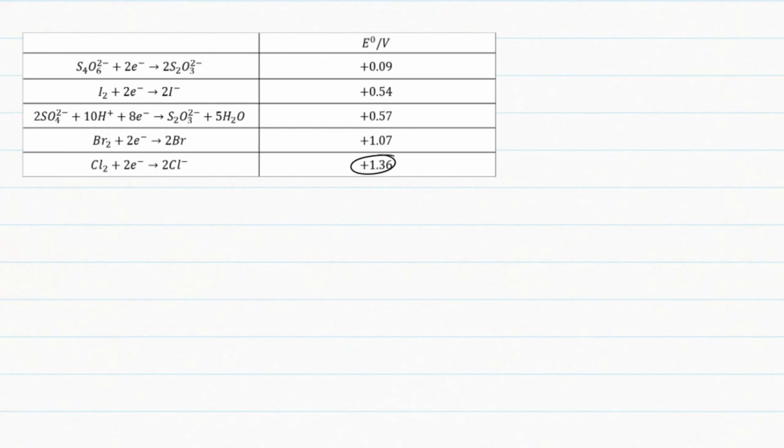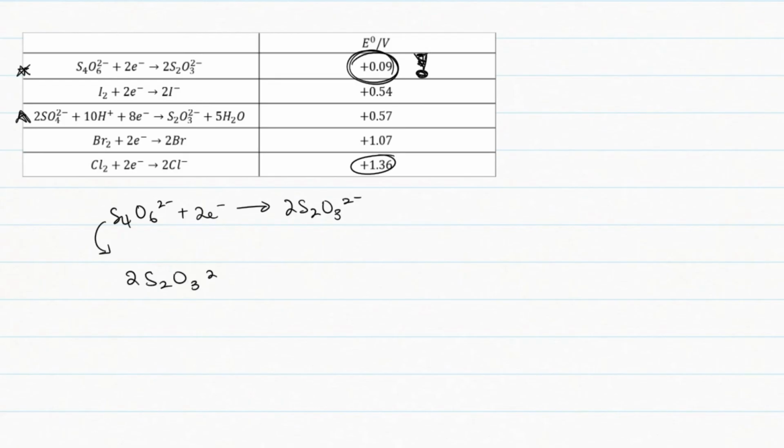Now we need to determine which equation of sulfur to use. You're going to choose the equation with the smaller electrode potential. This indicates the strongest reducing power, and coupling the strongest reducing agent with the strongest oxidizing agent will bring about the greatest change. So S4O6 2- plus 2 electrons will give you 2S2O3 2-.